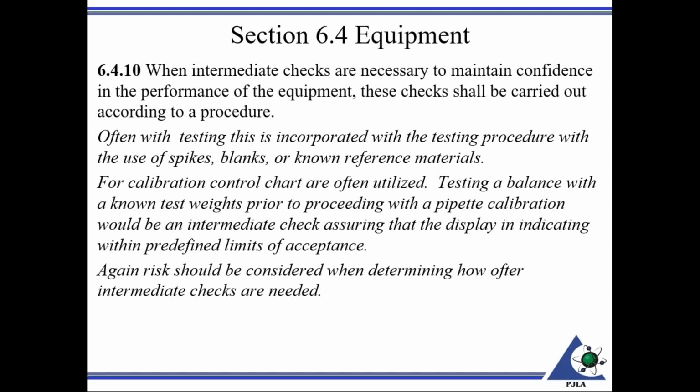Then perhaps you would just need to go back, if you have the records to support it, to the last time the intermediate check determined it within prescribed limits. If you had no intermediate checks in place, then you would have no choice but to go back the entire year, since the last time you knew the device was operating within acceptable limits.